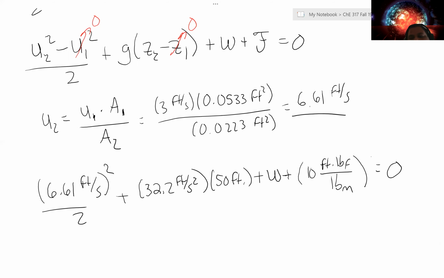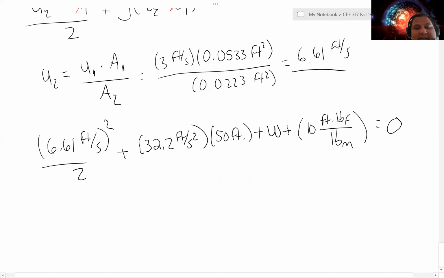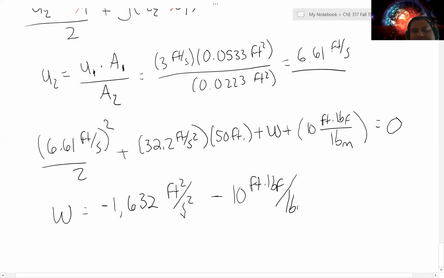So this is where it gets a little tricky, and this is where you have to be careful because problems give you things with units that may or may not work together. So what I'm left with is work equals a negative 632 feet squared per second squared minus 10 foot-pound force per pound mass.